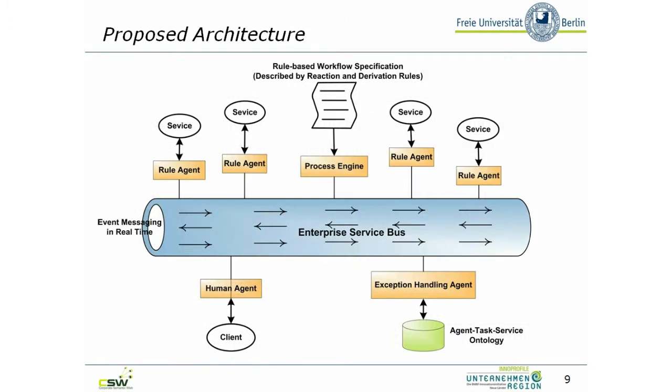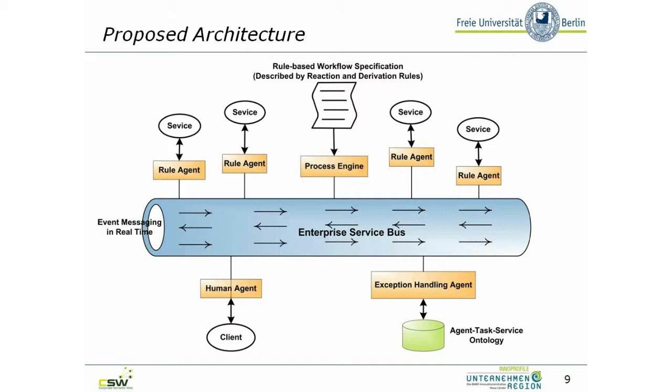This is the architecture of our rule-based scientific workflow approach. We can see these are rule agents, and each rule agent has internal behavior described by the derivation rules, and the interaction between these rule agents is described by the reaction rules, which means a rule agent is waiting for external events from the other rule agents to start.